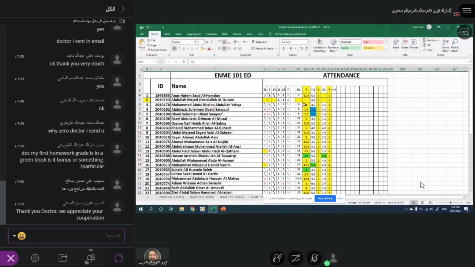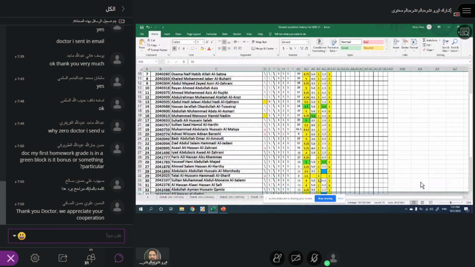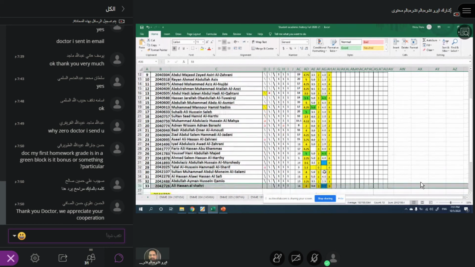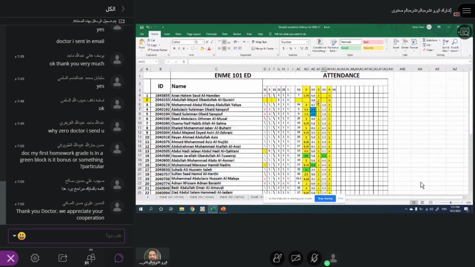You understand? Yellows are yellow. If you get a yellow, that's a problem for you. Those who got yellow, that's a problem. Green, you got some bonus. I will not say until I check the whole exercise, then only I will give the bonus. And blue is okay. Blue has some real problem, so that's why I put blue. So blue is okay. Only the yellow, these yellows are trouble.